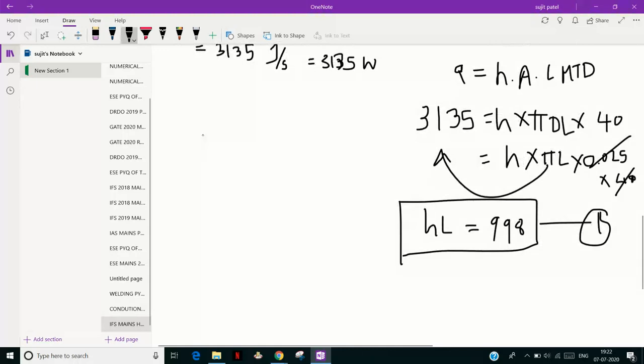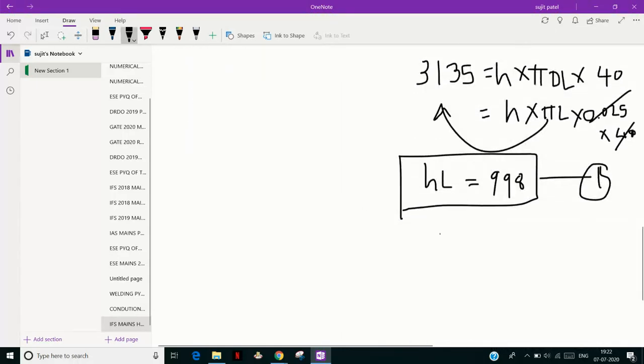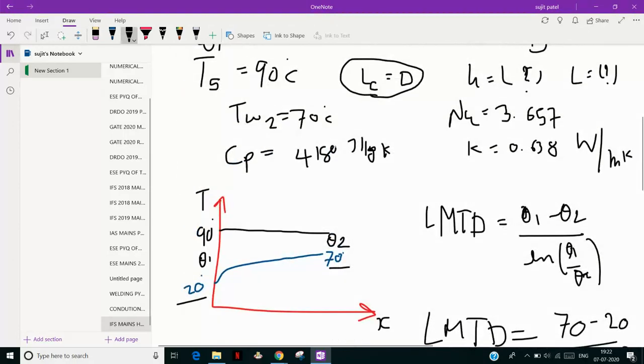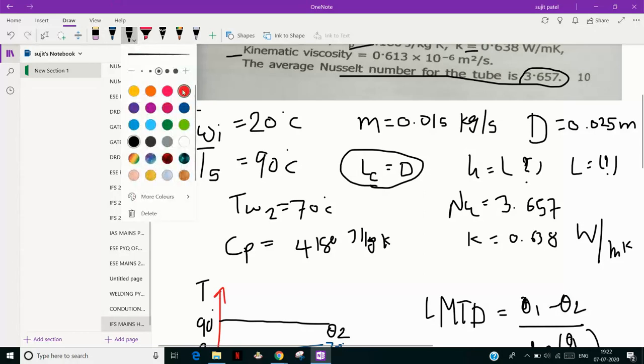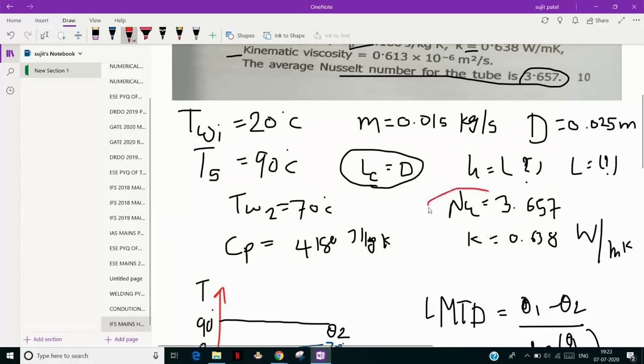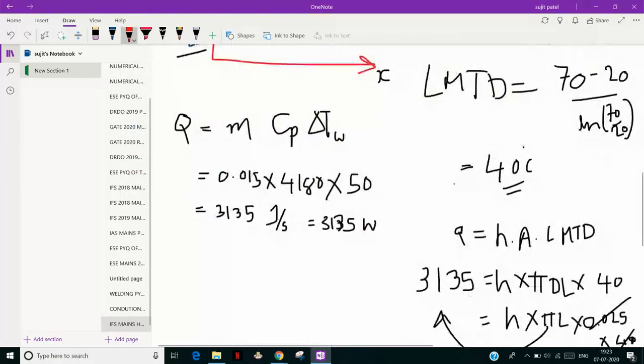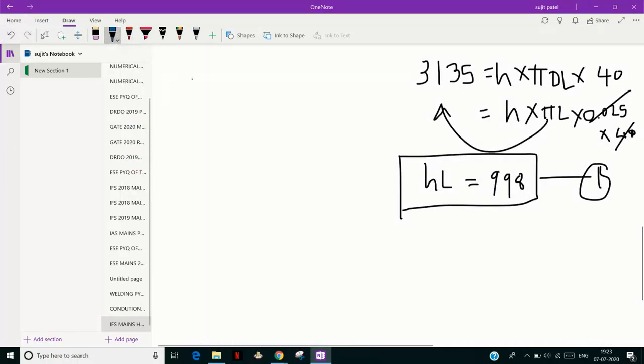Now we have to find h or L first, then we can find the other. Look critically: Nusselt number is given. We know the equation Nu equals h Lc over k.